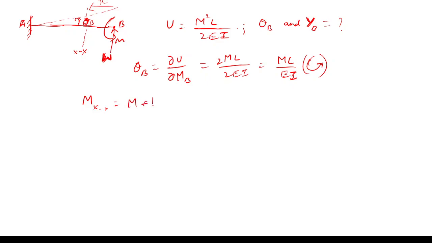It will be M plus Wx. Good. So when I am writing the strain energy equation, it should be the integral from 0 to L of M_xx square dx divided by 2EI. I can write it as M plus Wx the whole square into dx divided by 2EI.